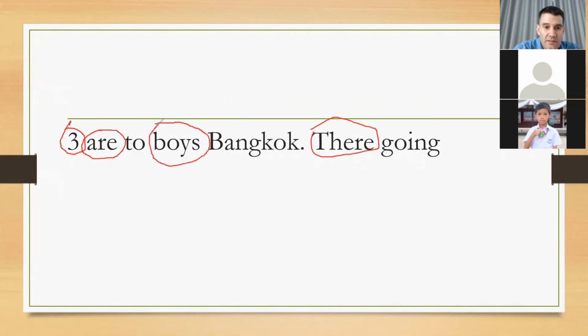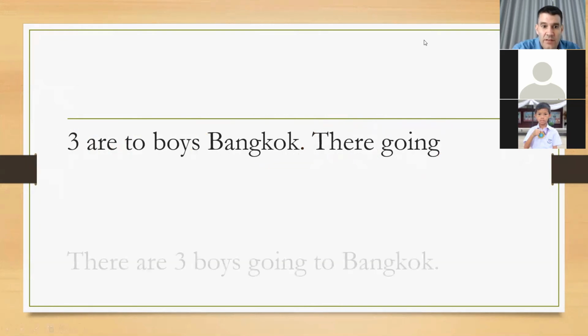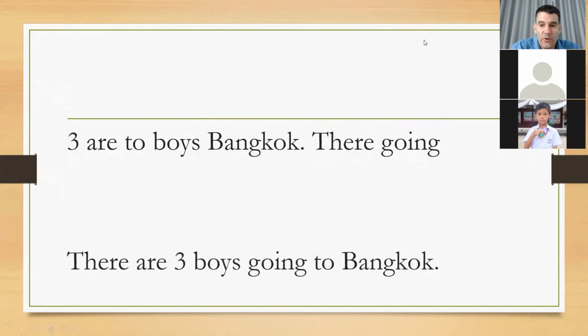Boys going to Bangkok. So I will show you. There are three boys going to Bangkok. So this is how you would write the sentence. There are first. Yes, very good.